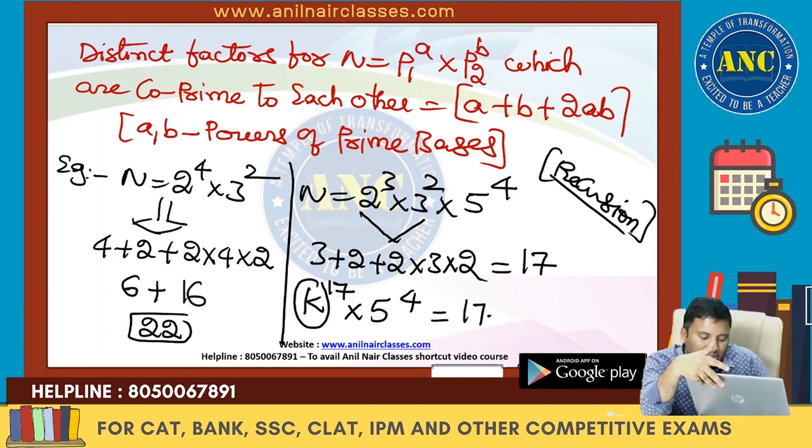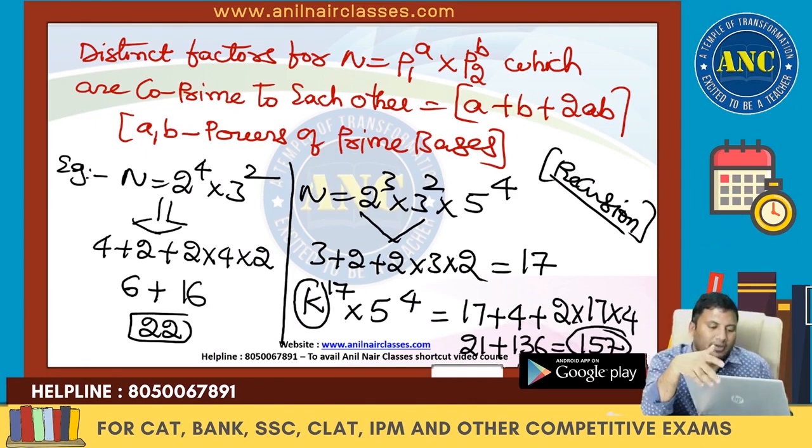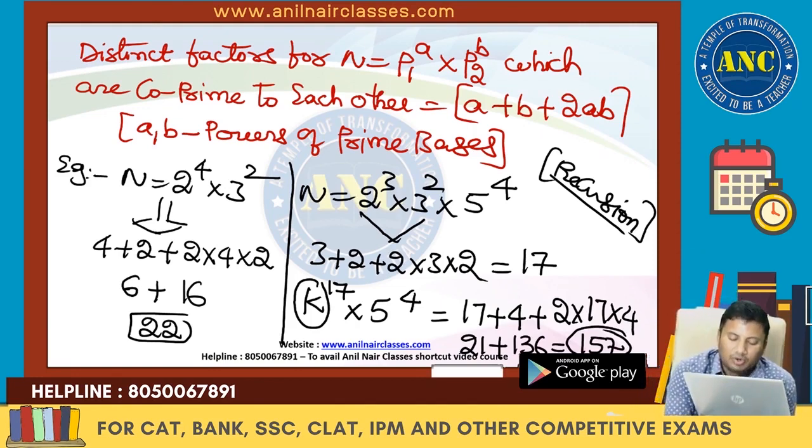Again the answer is A plus B plus 2AB. 17 plus 4 plus 2 into 17 into 4, 68 twos are 136. 21 plus 136. Answer is 157. Take any 2 and do it with the third one. You can take 2 power 3, 5 power 4, then do it with 3 power 2.